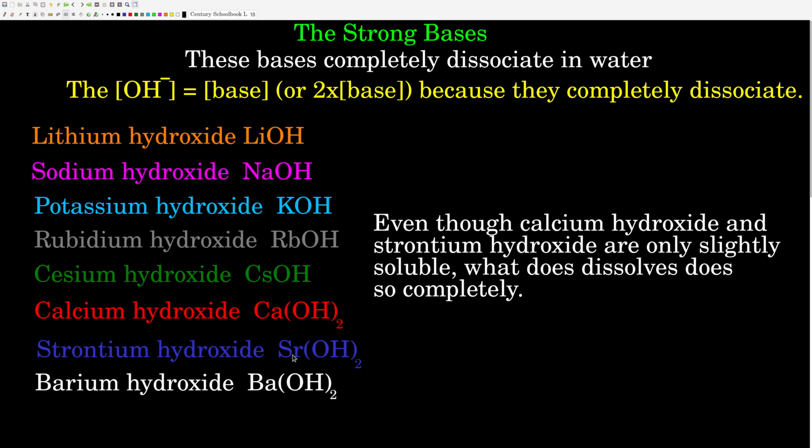Not necessarily that they dissolve easily in water, but the formula units that do dissociate do so completely. Barium hydroxide is kind of in between, but it does the same thing. However much barium hydroxide dissociates, does so completely and makes 2 hydroxides for every 1 barium hydroxide. So memorize these also, guys.